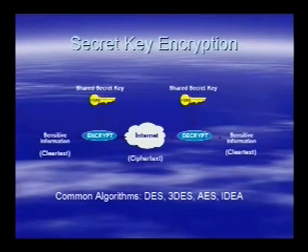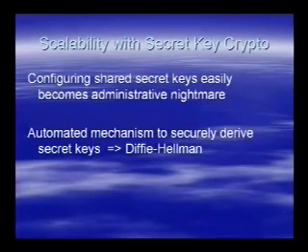Some of the algorithms that use secret key encryption are DES, triple DES, AES, and IDEA. For those of you that might just see these acronyms, I'm just trying to put some perspective on whether or not they're public key or private key technology.